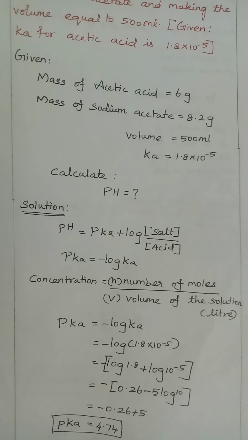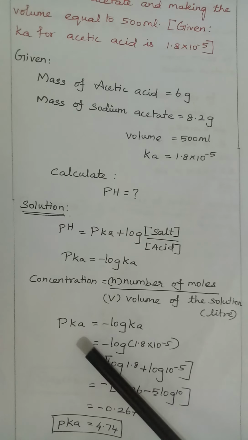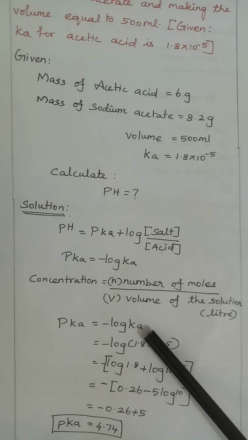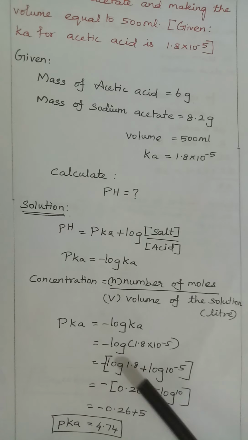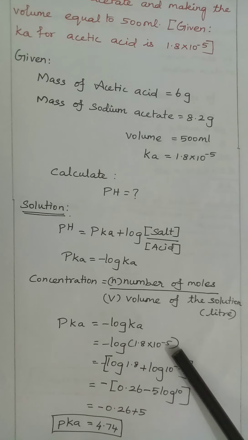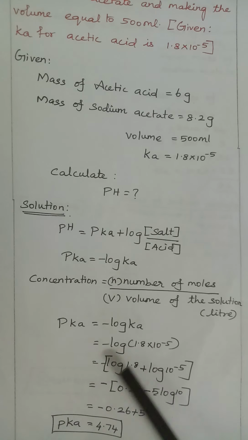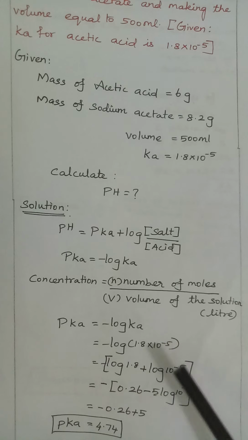First you have to calculate the pKa value. pKa is equal to minus log of Ka, which is minus log of 1.8 × 10^-5. Minus is taken outside, log is common for both: log 1.8 plus log 10^-5.